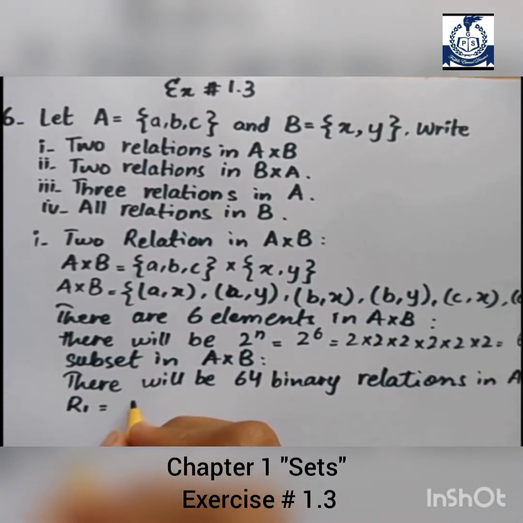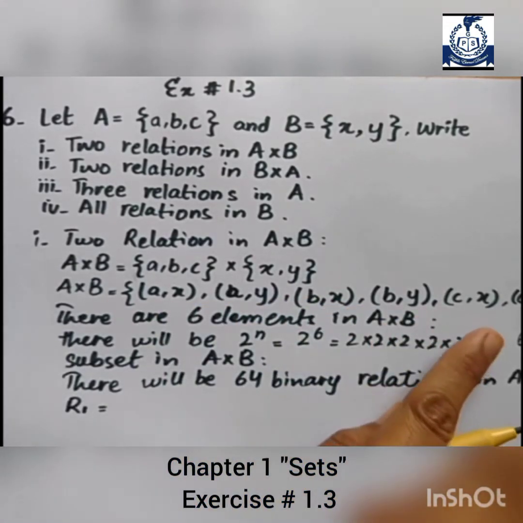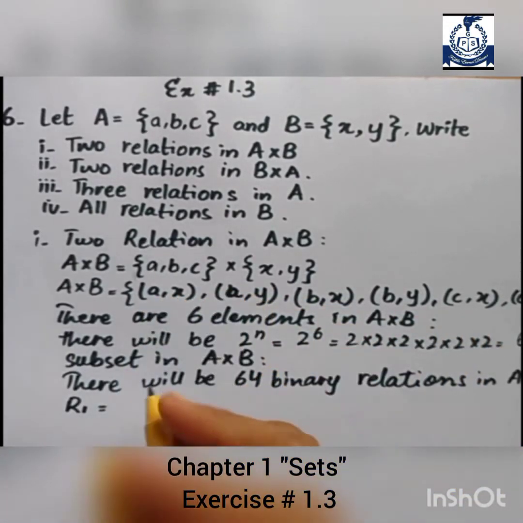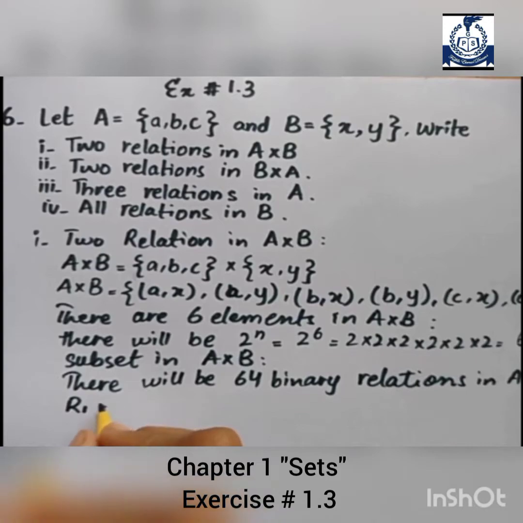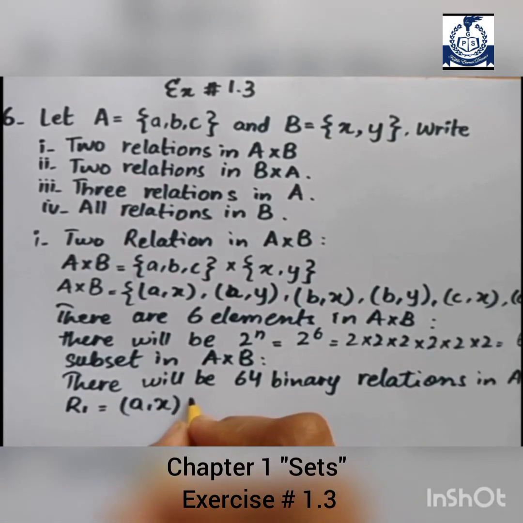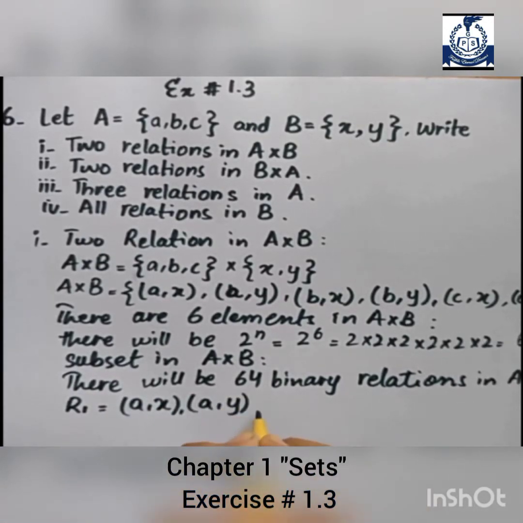So here we take R1. We have to make two relations. So the first relation we make is (a, x) and (a, y). And then we make a second relation R2.